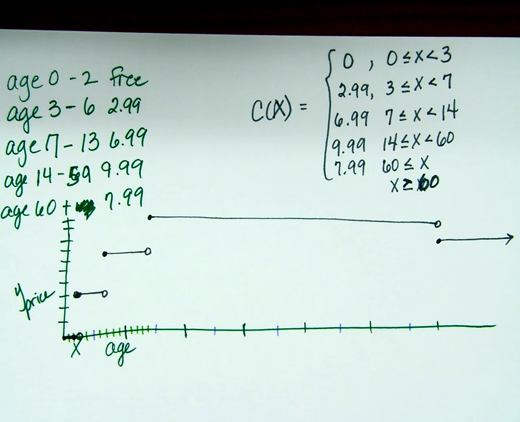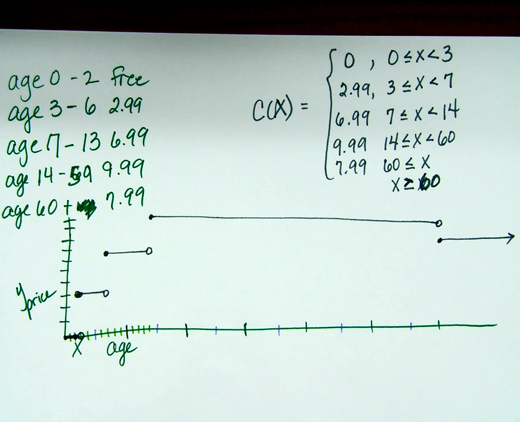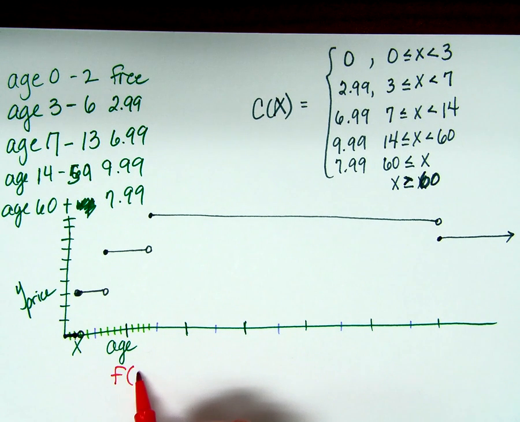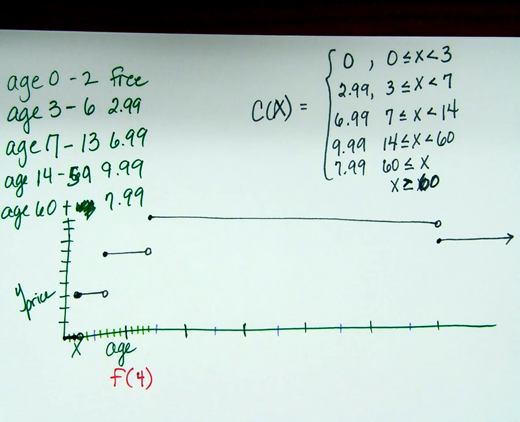Okay? Now, I could either give you the function, or I could give you the graph and ask you to evaluate the piecewise function. So tell me, please, what is f of 4? And you can either look at the equation or at the graph. Well, where does 4 lie in the domain?